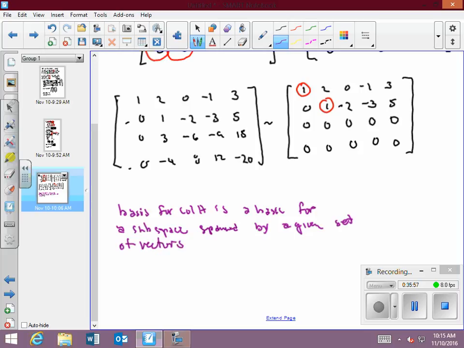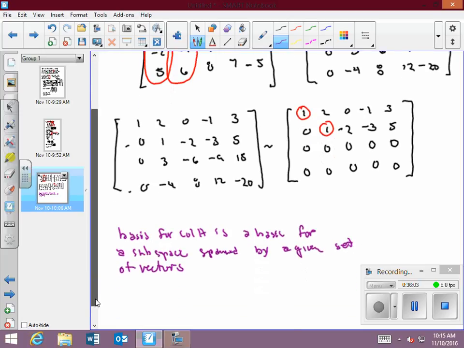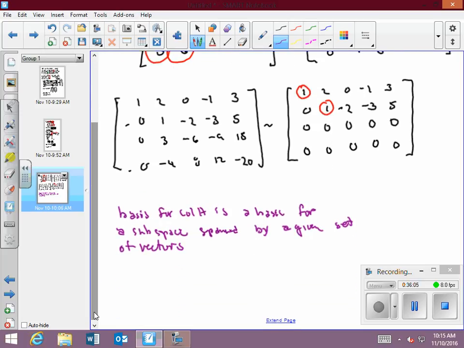And those vectors are those two. So the vectors are 1, minus 1, minus 2, and 5. And 2, minus 3, minus 1, and 6.